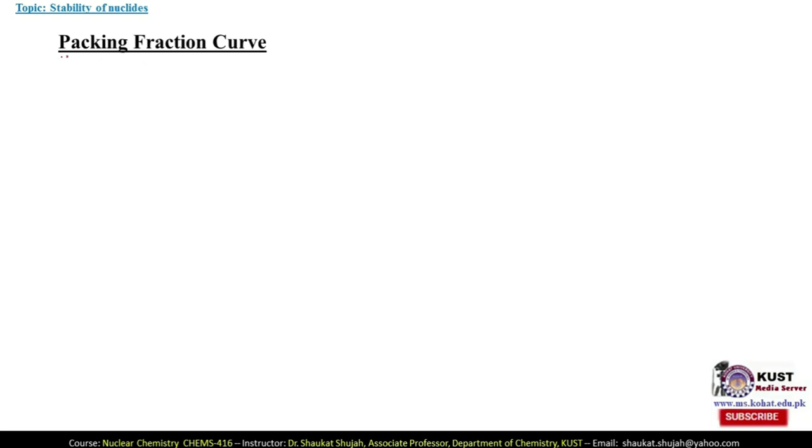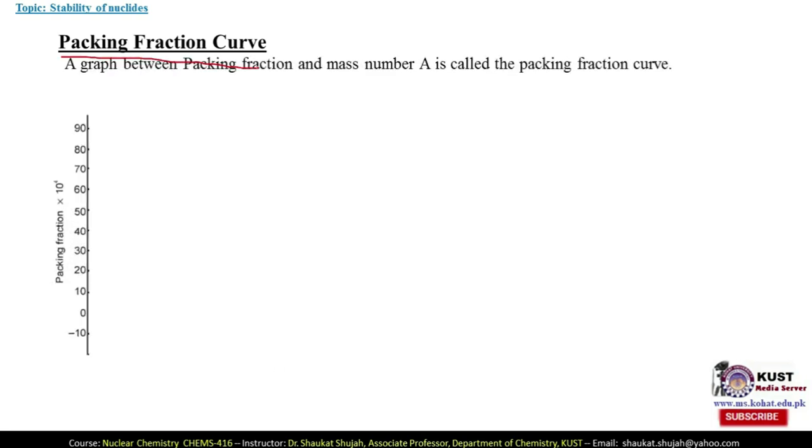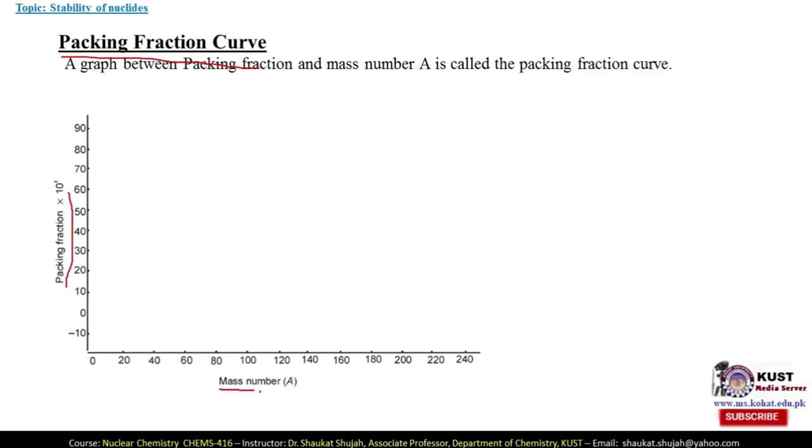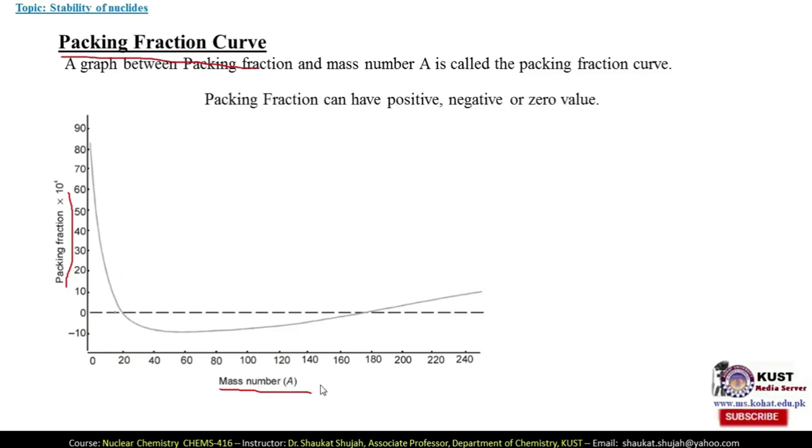Now packing fraction curve. Packing fraction curve is a graph of packing fraction of nuclides versus their mass number. And the packing fraction can have positive values, or a 0 value, or negative values, as was also seen in the table published by Aston.